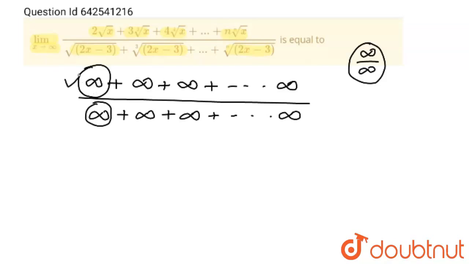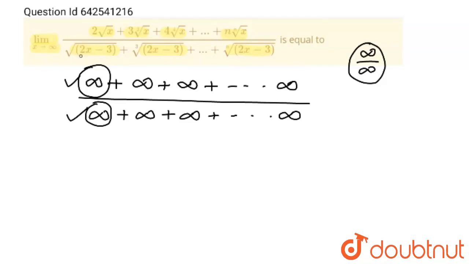Now I am going to compare both infinities. If you see, this is a square root infinity and this is also a square root infinity. It means that both infinities are the same.